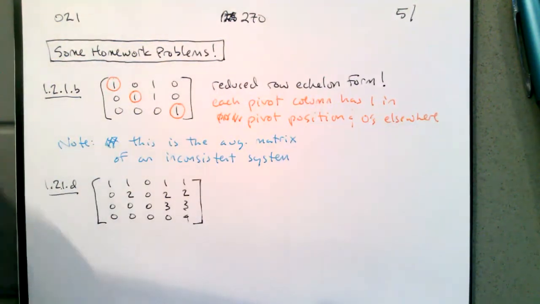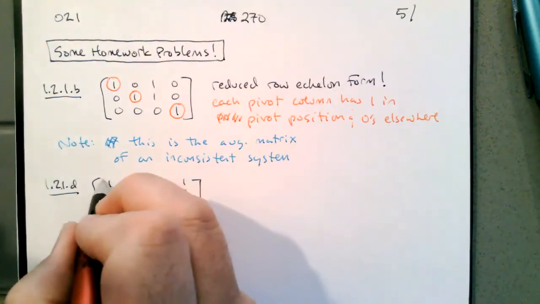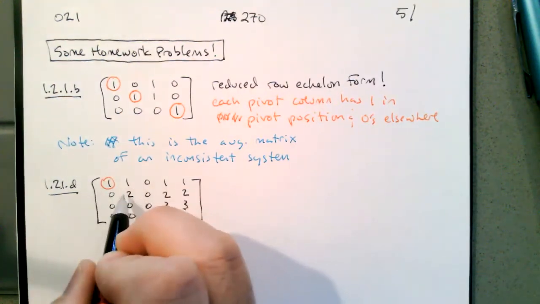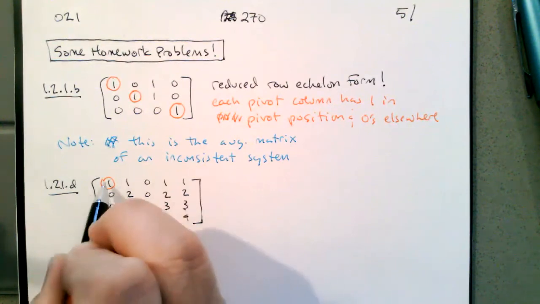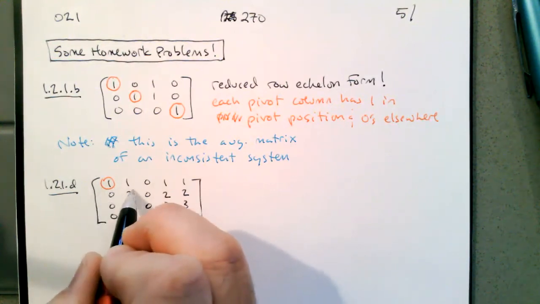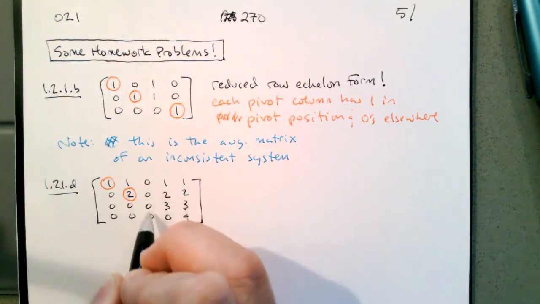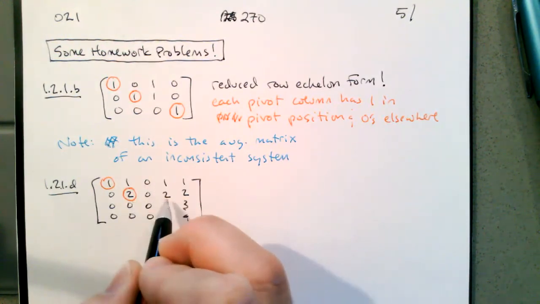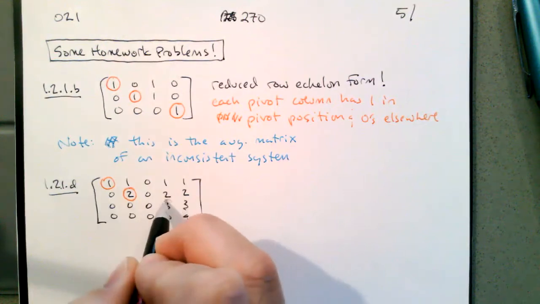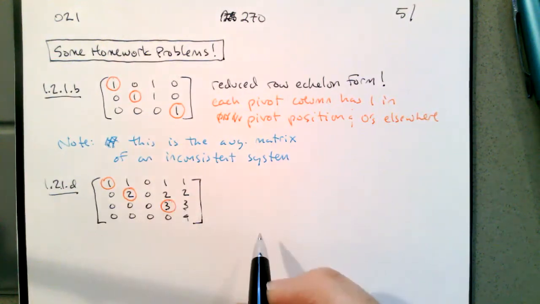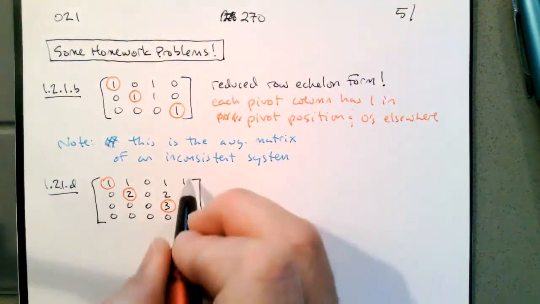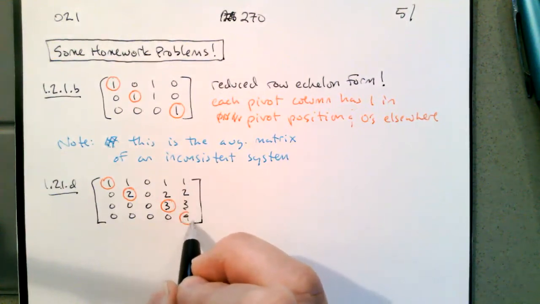So we need to identify where the pivots are. There's a pivot in the first row, first column. We go over to the second column, down to the second row, and here's where we would have a pivot. We're not going to get a pivot in the third column, so we move to the fourth column, and in the third row, we could put a pivot there. And in the fourth row, in the fifth column, we could put a pivot there.